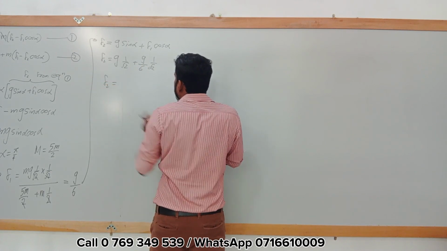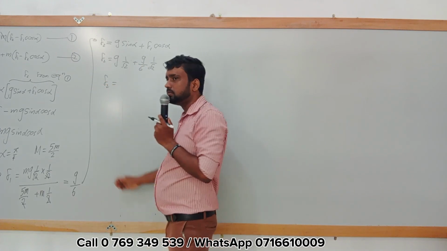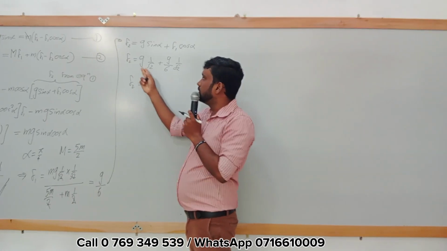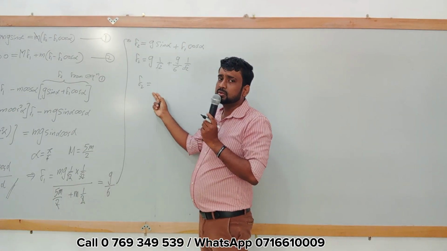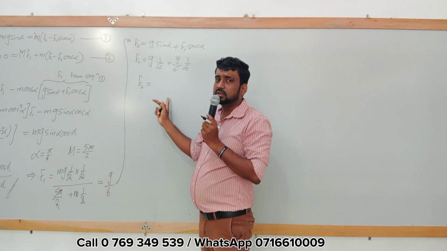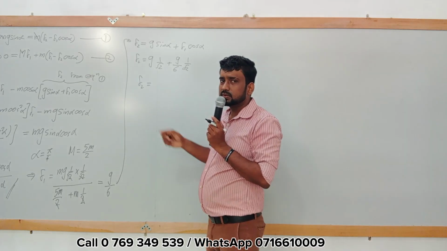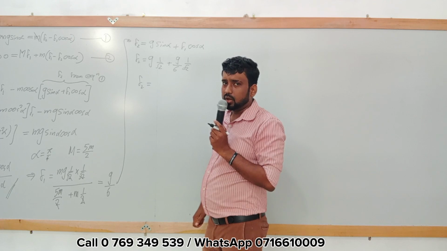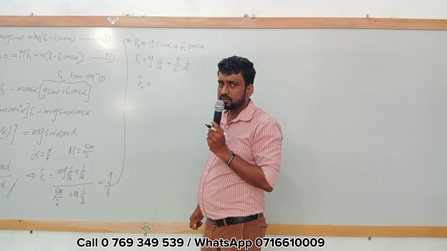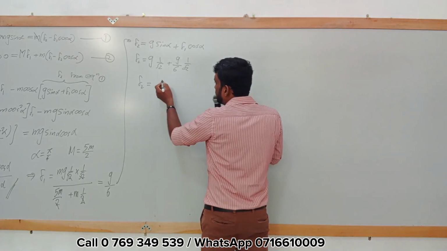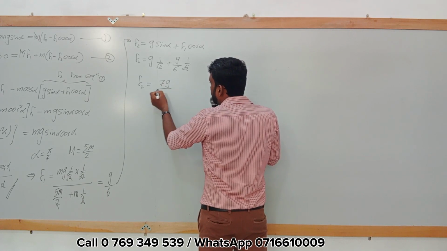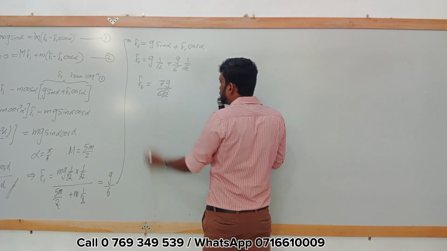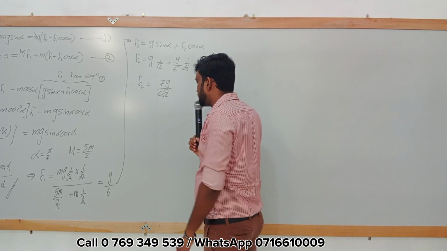Then F2 equals, g over root 2 is common, 1 plus 1 over 6, 7 over 6, right? Therefore, that is the answer, 7g over 6 root 2.